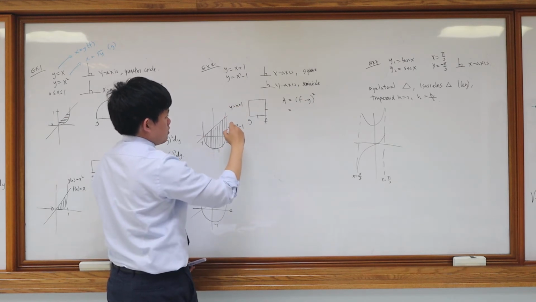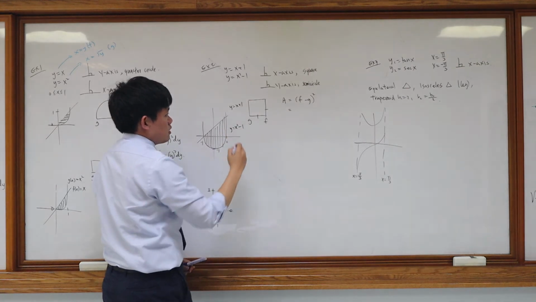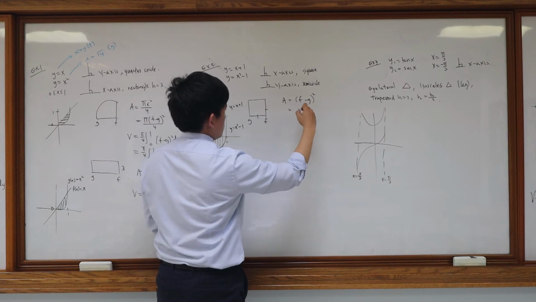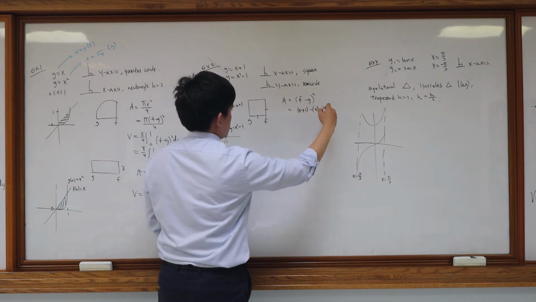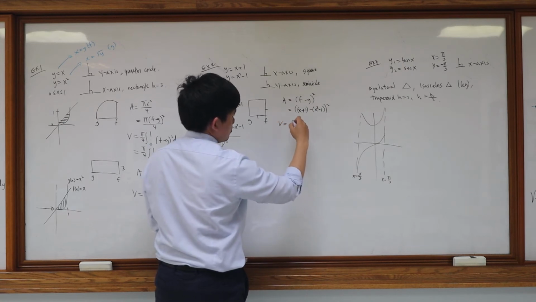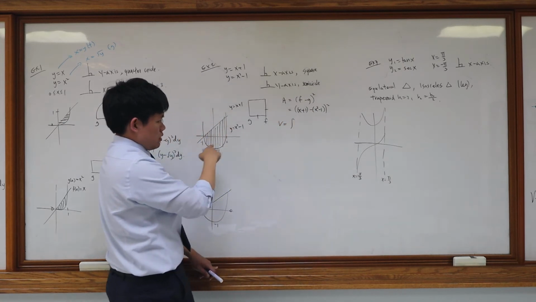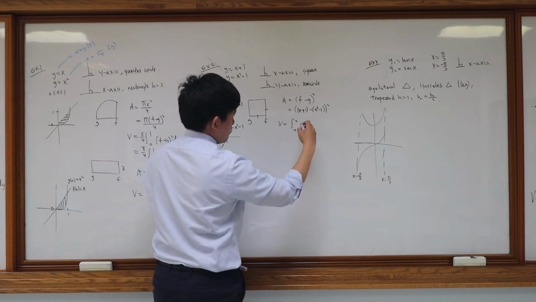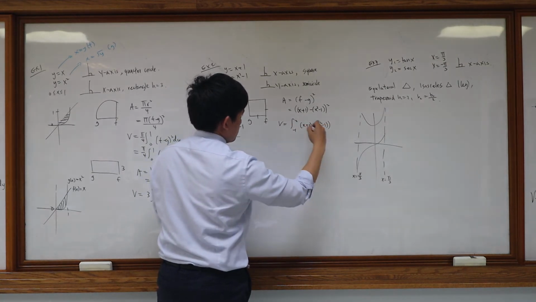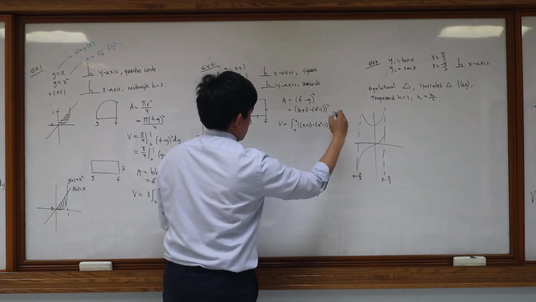So this one means the top function minus bottom function, you have x plus 1 minus x squared minus 1, this whole thing squared. So that means my volume is equal to integral from -1 to 2 of x plus 1 minus x squared minus 1, the whole thing squared, dx.